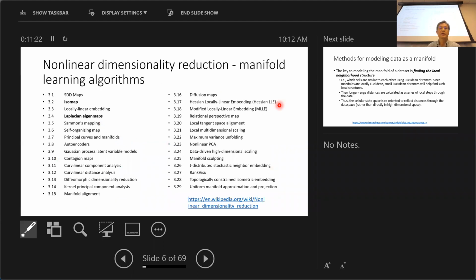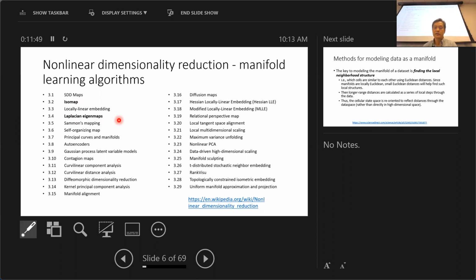There are many nonlinear dimensionality reduction or manifold learning algorithms for this purpose. I will only use Isomap and Laplacian eigenmap to illustrate how manifold learning can be conducted.